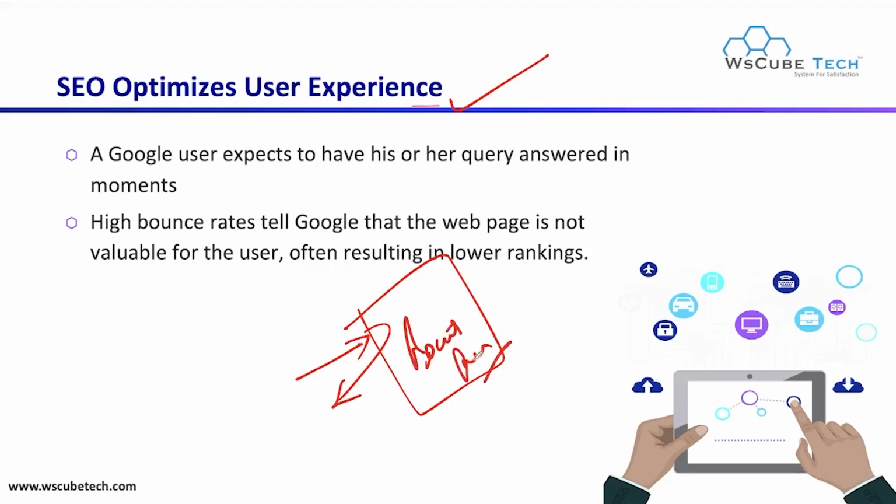Bounce rate means when someone visits your website and does nothing, does not click on anything. If you have a high bounce rate, it tells Google that the web page is not valuable for the user, often resulting in a lower ranking. Okay, so a Google user expects to have his or her query answered in a moment.